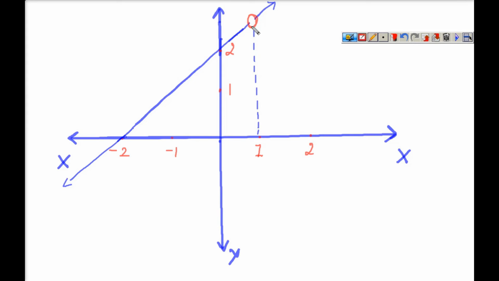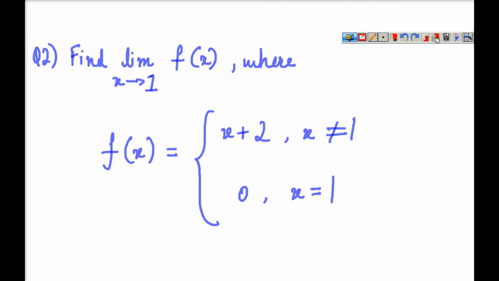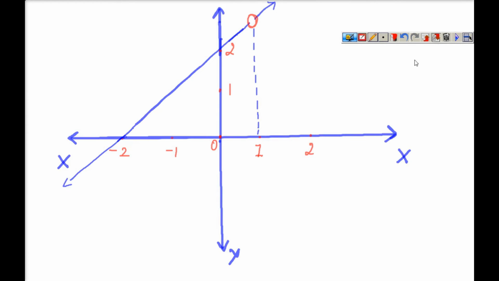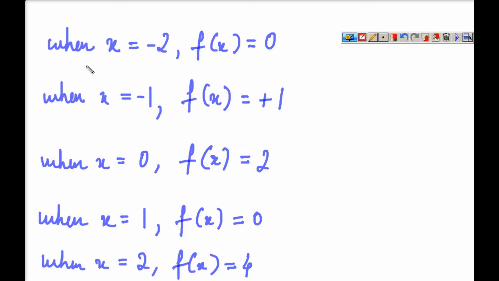So when x is equal to 1, the function of x is 0, right? But for any other number except x equal to 1, we have this line. So let's put some more numbers in. Let's begin from -2.